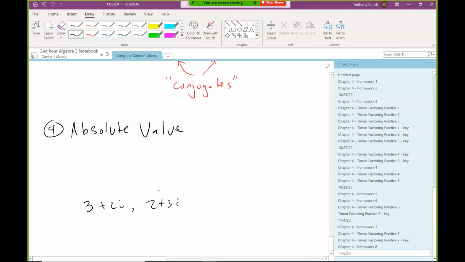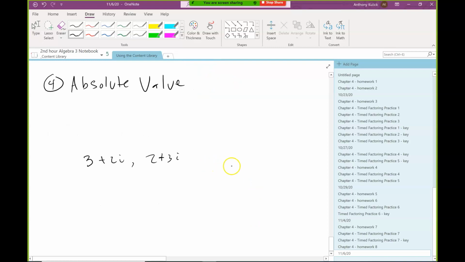And the reason is because we really have two components to a complex number, right? So we can't arrange these on a number line. What we'd have to do is arrange them in a two-dimensional space. So for example, 3 plus 2i would go 3 over on the real axis, and then 2 up on the imaginary axis.